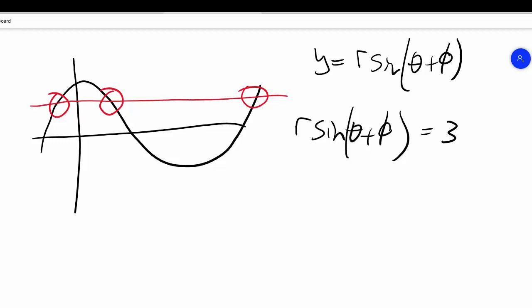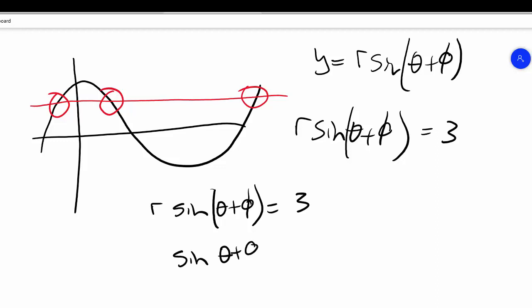Okay, so how do we find what they are? Well, a simple bit of algebra is the answer. So what we're going to do is say r sine (theta plus phi) is equal to 3, so sine (theta plus phi) is equal to 3 over r.